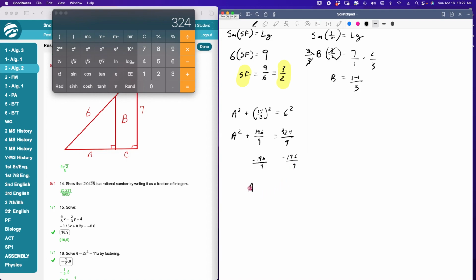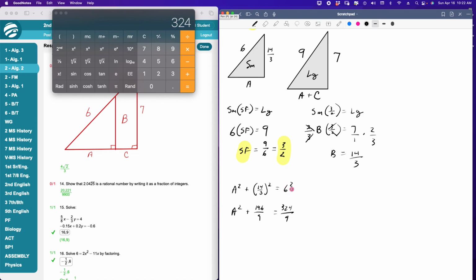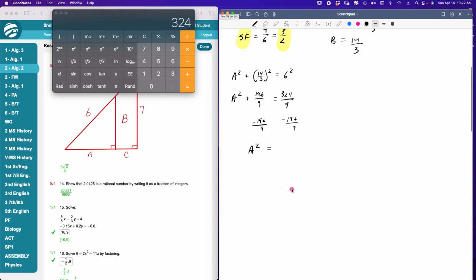And I get that a squared is equal to 324 minus 196 is 128. So 128 over 9. So now I'm going to unsquare both sides. A is equal to, I know that 128 is 2 times 64, and 64 is 8 squared.